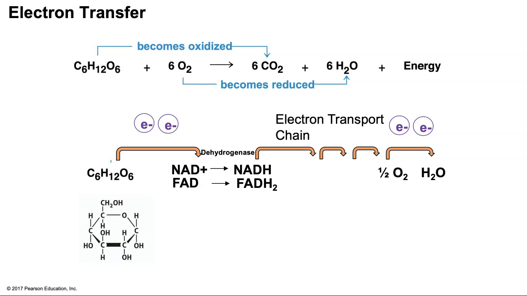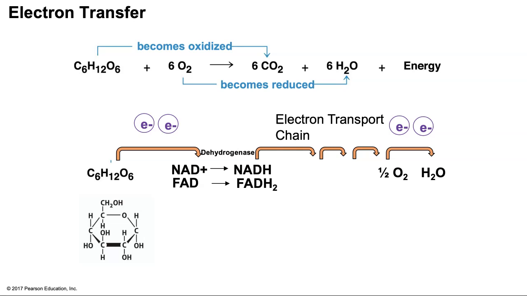We are going to be using those for something called the electron transport chain. And if you've taken biology already, this probably sounds familiar to you. The electron transport chain. We learned about redox reactions, right? Reduction and oxidation. Every time a molecule gives away an electron, that is a redox reaction. 1 lost and 1 gained.